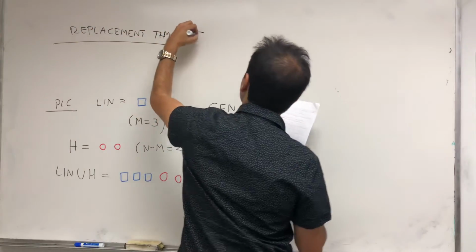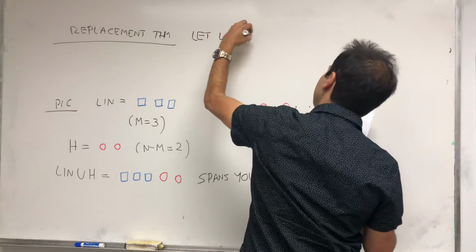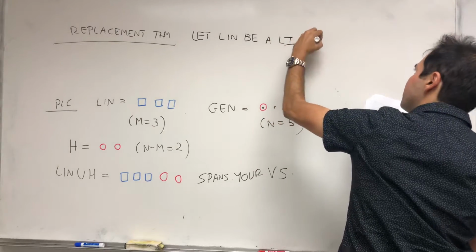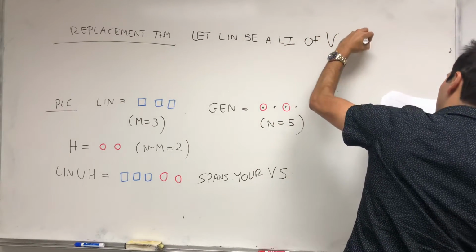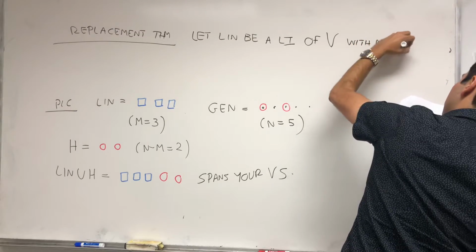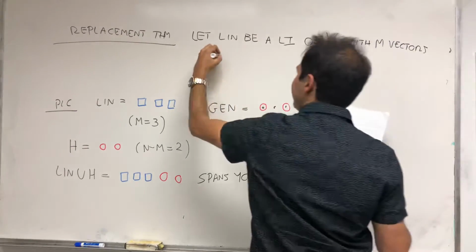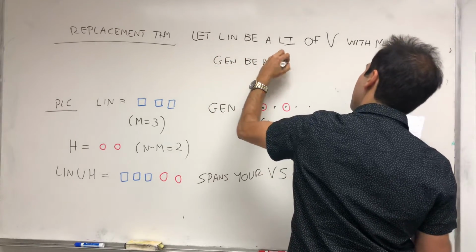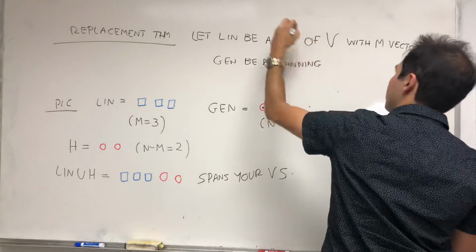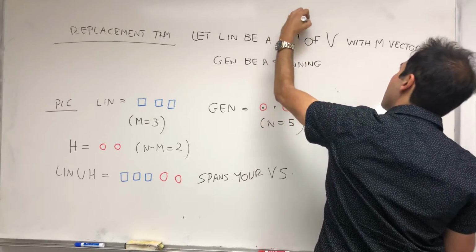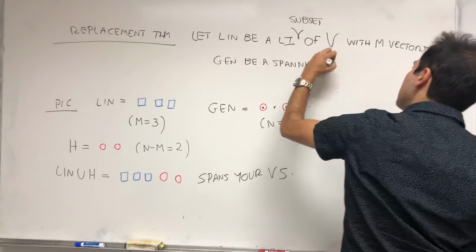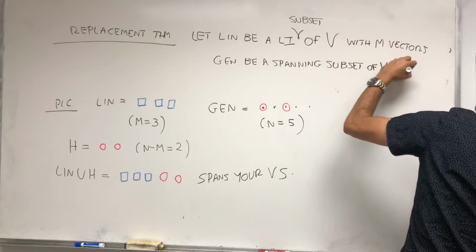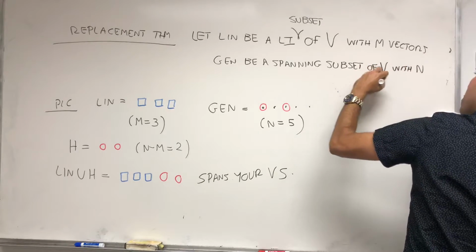Again, let lin be a linearly independent subset of a vector space V with m vectors, and gen be a spanning subset of V with n vectors.